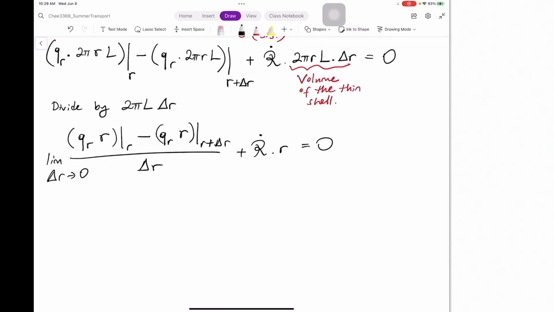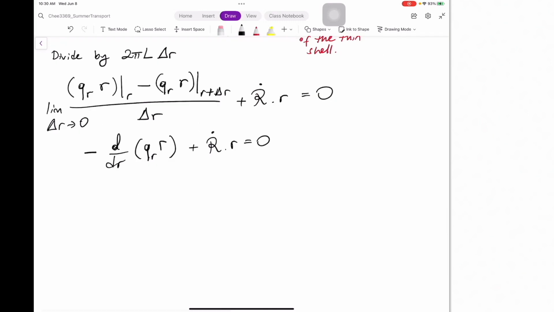You find that this term on the left-hand side, this entire thing, is the negative of the derivative of this q_r r. And that's also one of the reasons that you cannot take the r out, because you know that the r depends on r, so you cannot take it out of the derivative because you're taking the derivative with respect to r. Plus fancy R dot r is equal to 0.